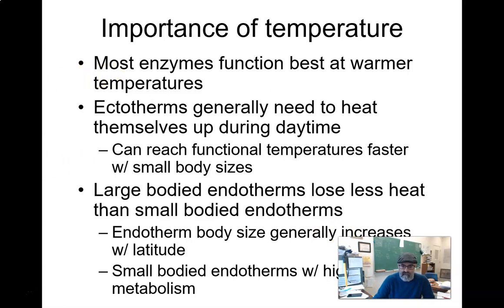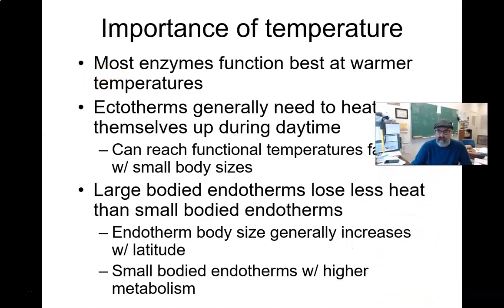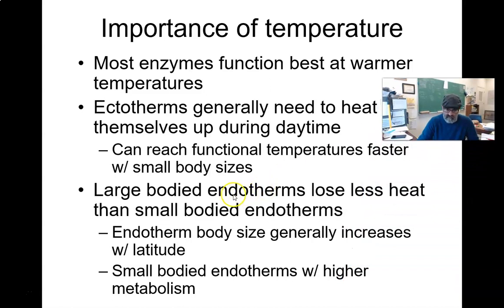On the other hand, if you're a small endotherm, then you lose heat very quickly, right? If you're big-bodied endotherm, you lose less heat than small-bodied. So if we go to Alaska, right, and you look at something like a white-tailed deer, they're much more likely to be a lot bigger than they would be in Texas or Florida.